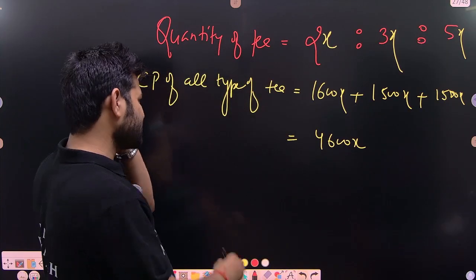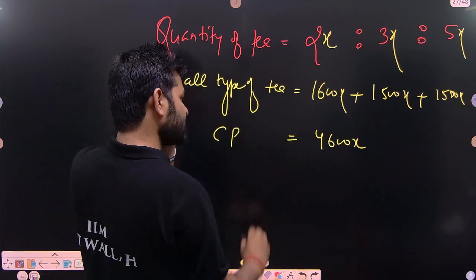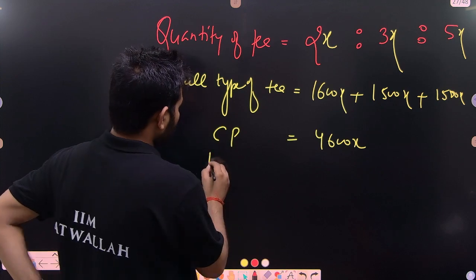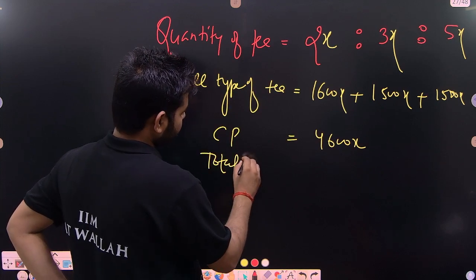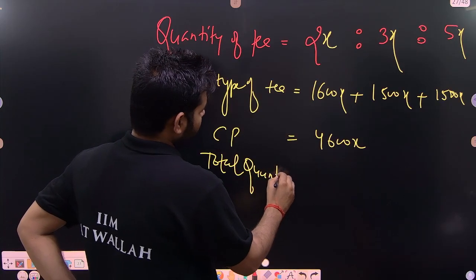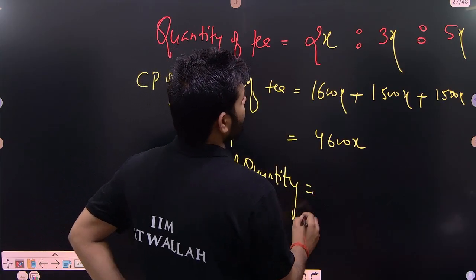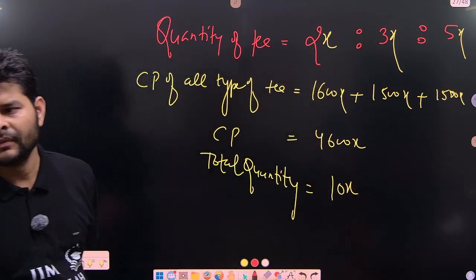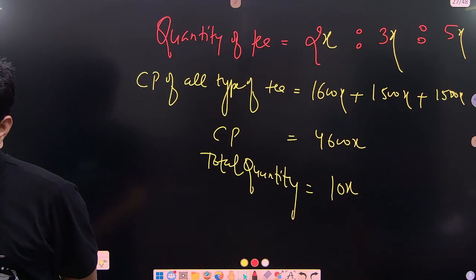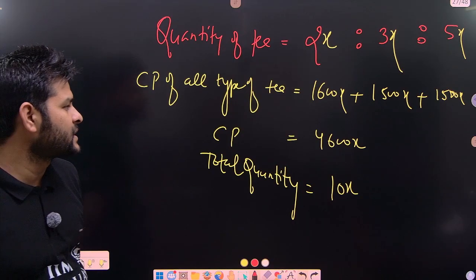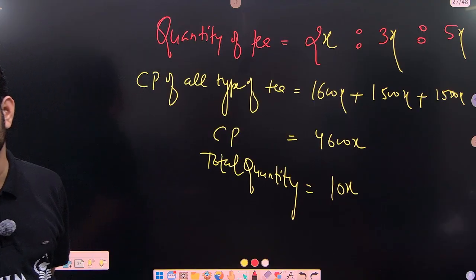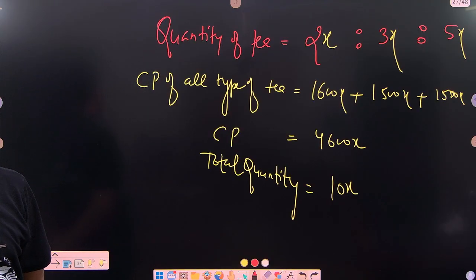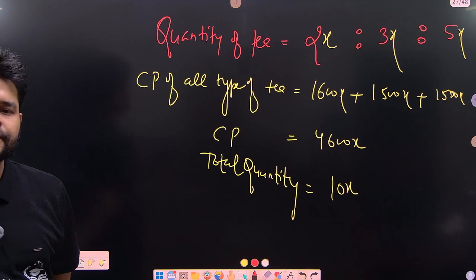So total CP is this, and total quantity is 10x. Take a look at the board and try to understand till here. All right or not? Any doubt that you want to ask? All clear? Yes.